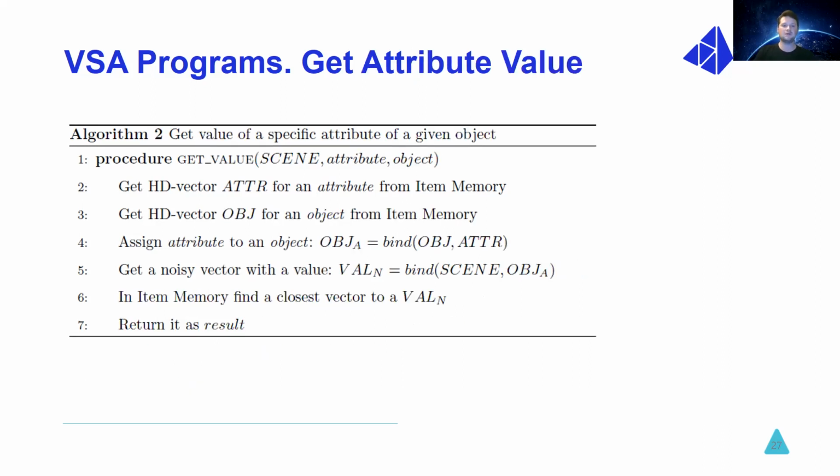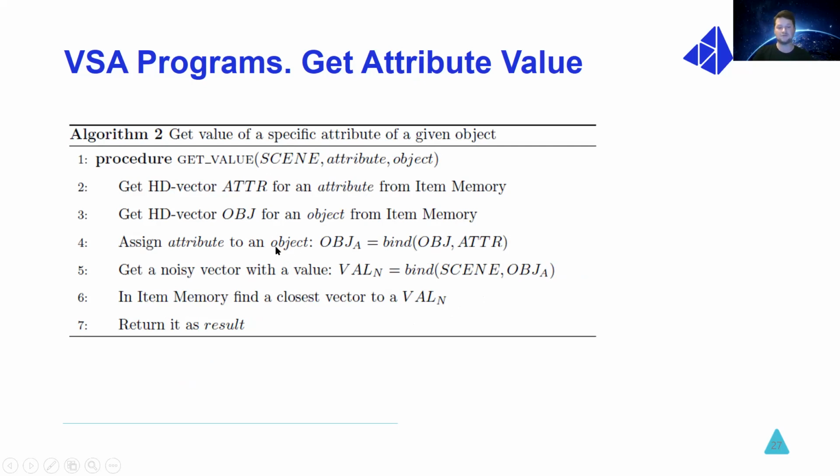And also we can get a value for a particular object given an attribute. So here the procedure is almost the same. First we get HD vectors from item memory.